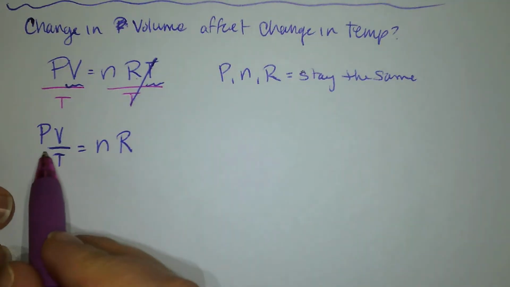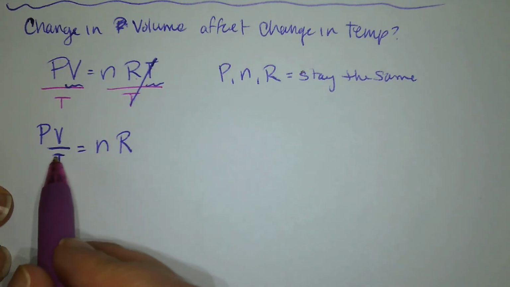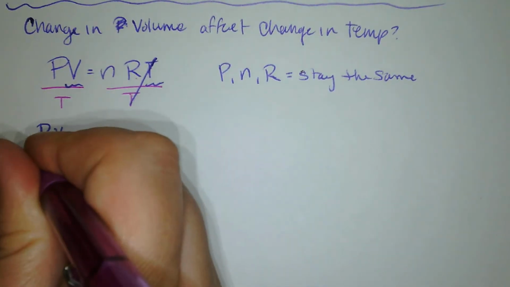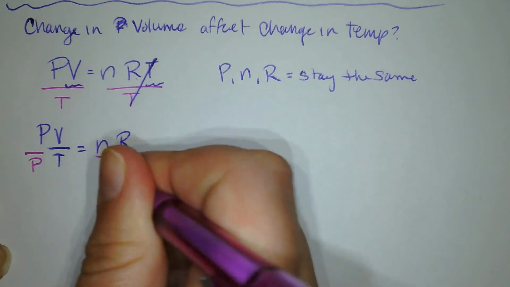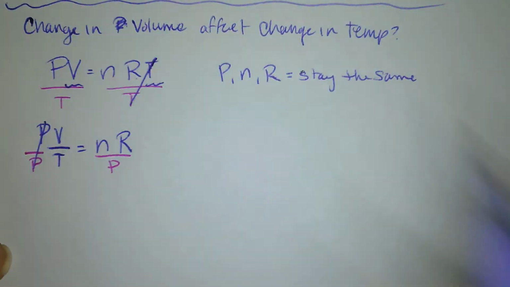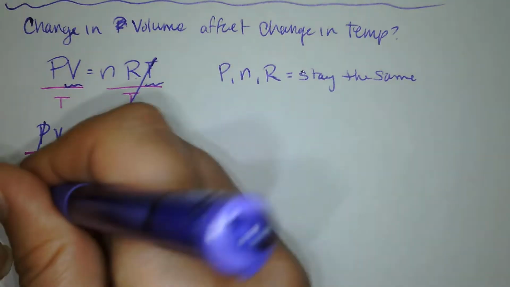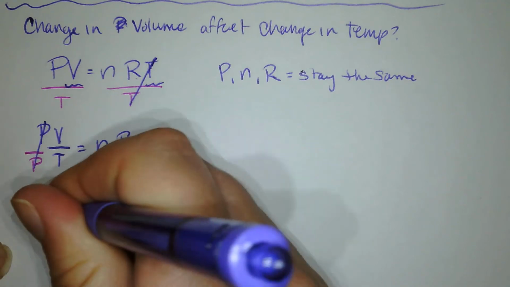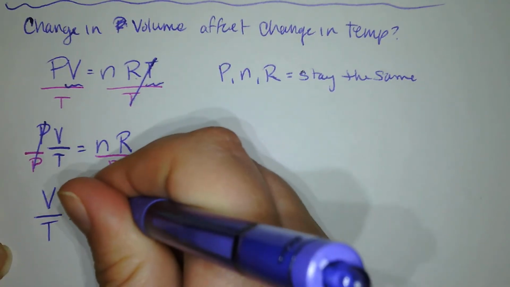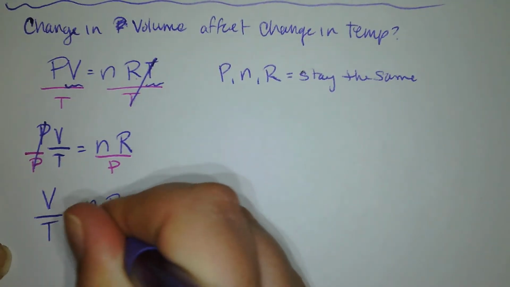Now we have volume and temperature on one side, which we wanted because those are the ones that are changing. Now we have to divide away the pressure on both sides, and this cancels. So we see that volume over temperature equals number of molecules times the gas constant over the pressure.